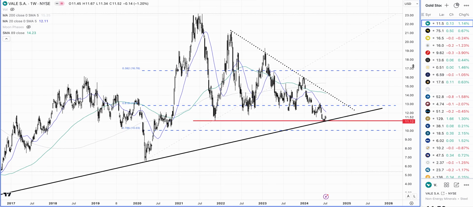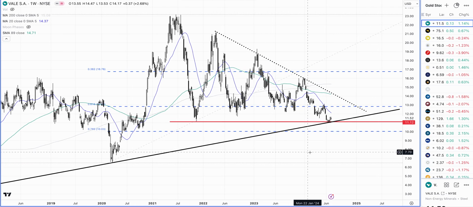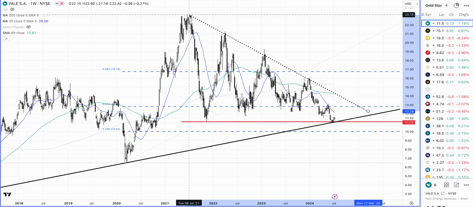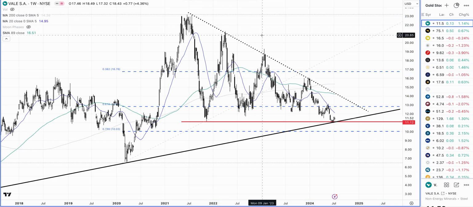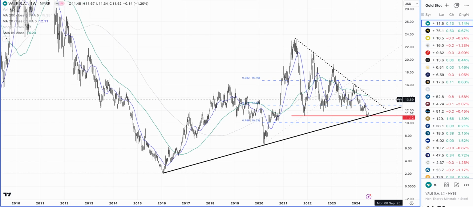Again, it's not financial advice, so you do what you have to do, but the formation looks pretty nice, and if it is able to get above this triangle formation, that will be a pretty big breakout, and then there's a possibility of a massive ABCD.